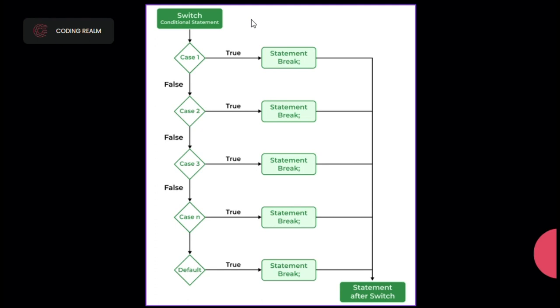If it's false, I go to case N. If it's true, the statement and break are executed, and if it's false, I go to default. Default: the statement is also executed and the program exits. This is all about the switch case statement. We will show this with examples and problems in the next videos.